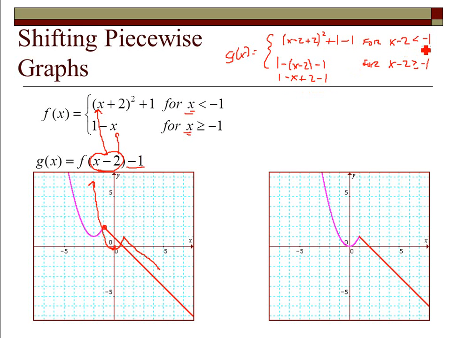And here I'm going to add 2 to both sides, and I get x is less than 1, and here is x is greater than or equal to 1. Now if I look at my transition point happened at 1. And that's how you go basically about finding a shifted piecewise defined function.